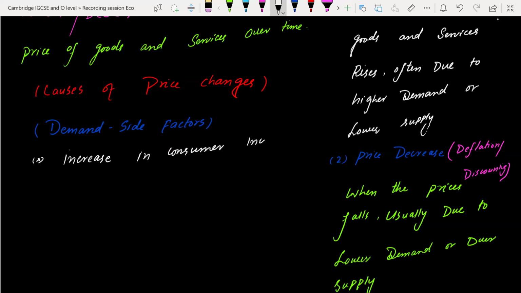When the consumer income increases, automatically demand will also increase. When the demand increases, the prices will also increase. So that is the change in price. Next, change in taste and preferences.